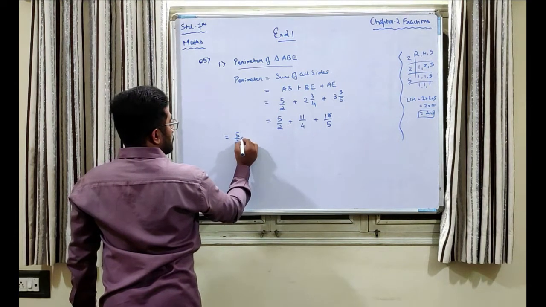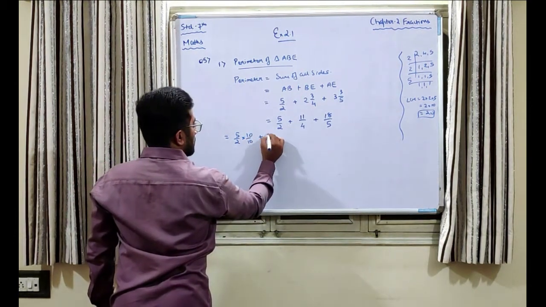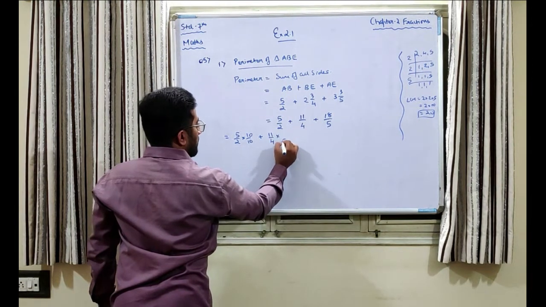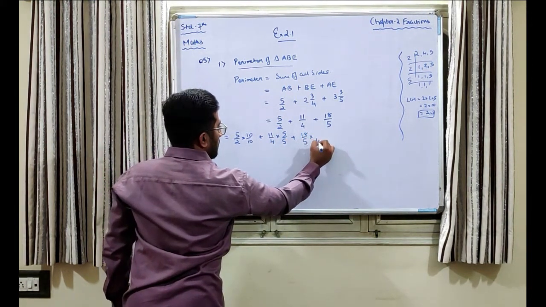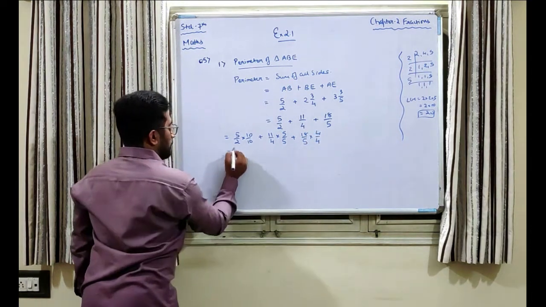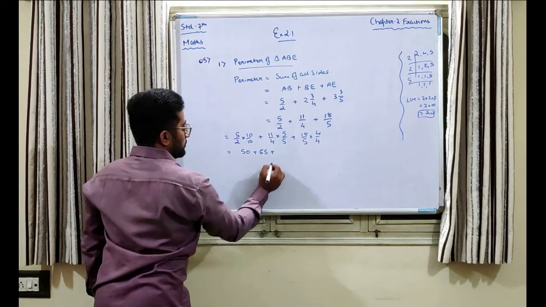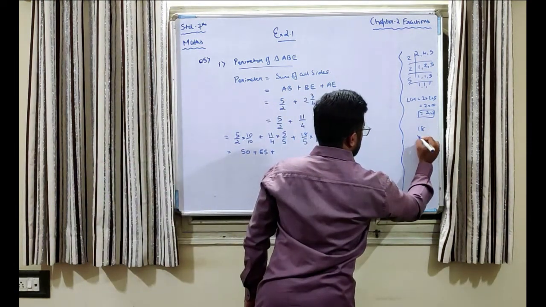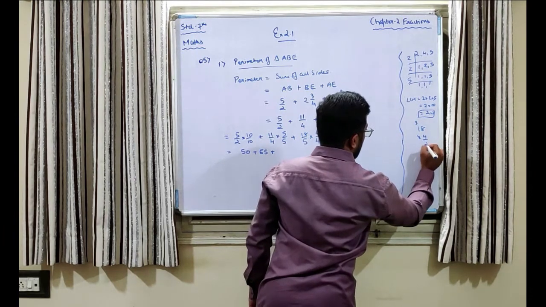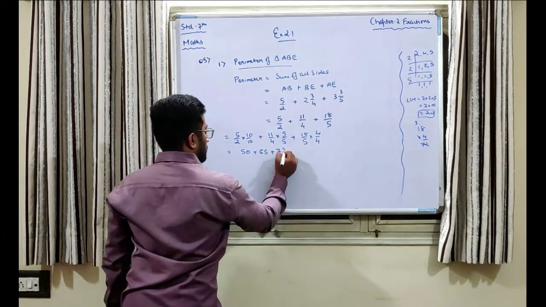So 5 by 2 multiply by 10 here, 11 by 4 multiply by 5 here, and 18 by 5 multiply by 4 here. So 50 plus 55 plus 18 into 4 will be 8 4s are 32, 4 1s are 4 plus 3, that will be 72.